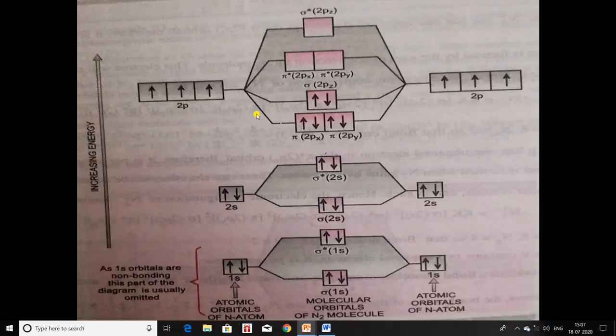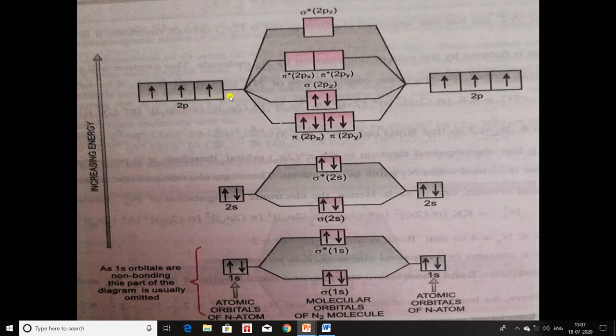So here is the energy level diagram for the nitrogen molecule. As you can see, this is for 1s. Okay, you know how to draw this diagram for 1s. For 2s it is similar, right? So this is for 2s. Okay, now this is something different. Here there are 3 p orbitals, right?